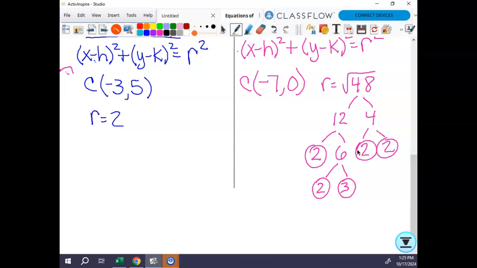I take out two 2's and cancel them out. They come out as a regular 2. This 3 doesn't have a pair. He stays in the house. These two 2's come out as a 2. Then you multiply everything back together, and your radius is actually 4 times the square root of 3.